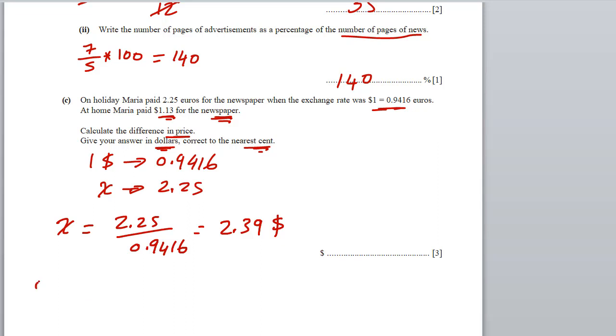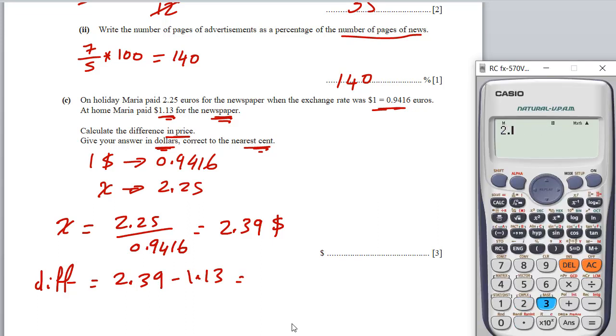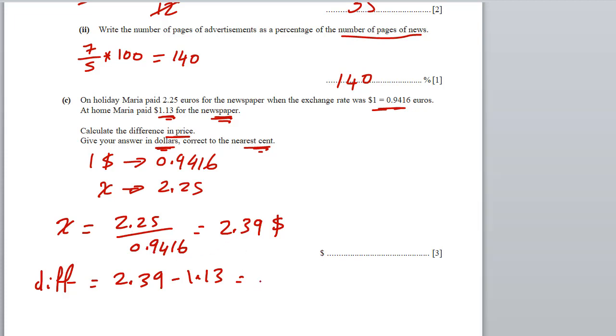So the difference is equal to 2.39 minus 1.13, which is 1.26. So $1.26.